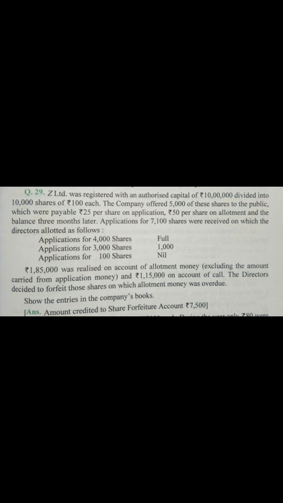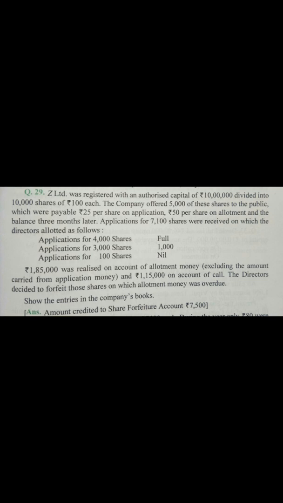So we have to make the entries here. I hope the question is quite clear, that 5,000 shares were allotted and the shareholder has to pay 25 rupees at the time of application, 50 at the time of allotment, and the remaining 25 at the time of first call. And directors had decided to allot shares as per this criteria given here, that 4,000 shares has to be allotted in full, and of the remaining 3,000 shares only 1,000 shares has to be allotted.